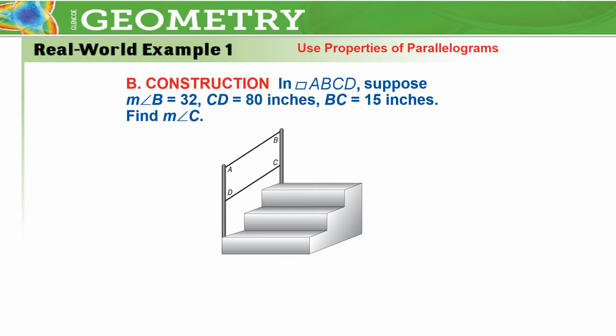And here, the measure of angle B equals 32, and we want to find the measure of angle C. Can we say angle B equals angle C? No, we have that each two opposite angles are equal. Angle C is opposite to angle A. But we have B and C, two consecutive angles.